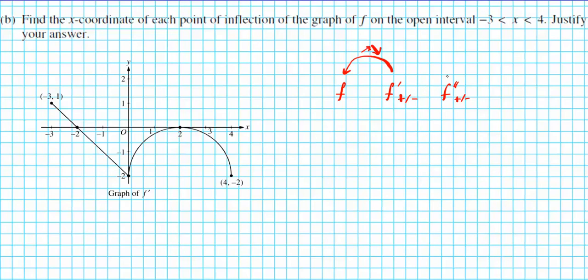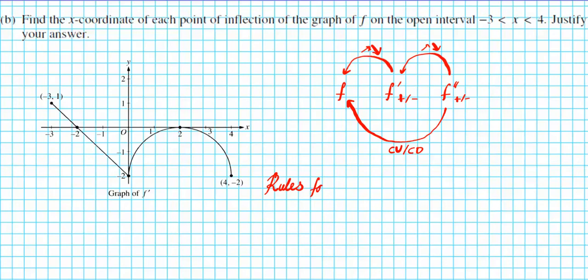When f double prime is positive or negative, f prime is increasing or decreasing. When f double prime is positive or negative, f is concave up or concave down. Okay, so that's the connection between the signs of f prime and f double prime and the behavior of f and f prime.